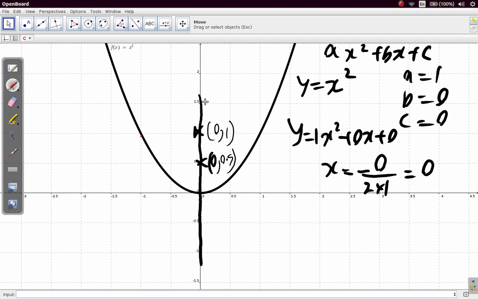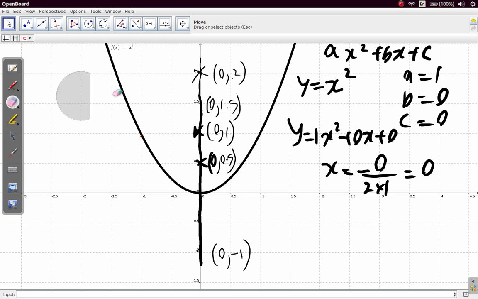The coordinates of this point are 0, 1.5. The coordinates of this point, if we extend the line up, are 0, 2. So x is 0 at this point. This is 0, negative 1. This is the line x equals 0. Alright? And it is the axis of symmetry of y equals x squared.